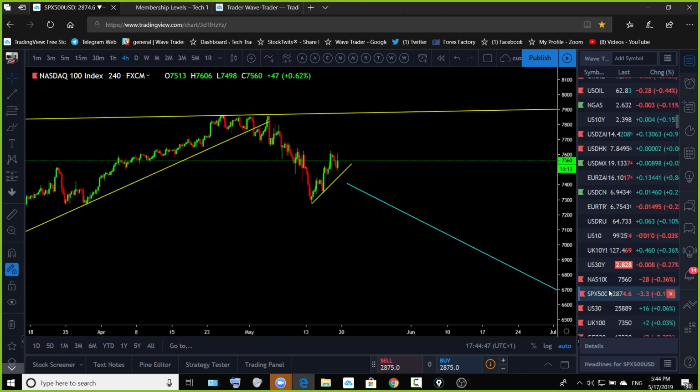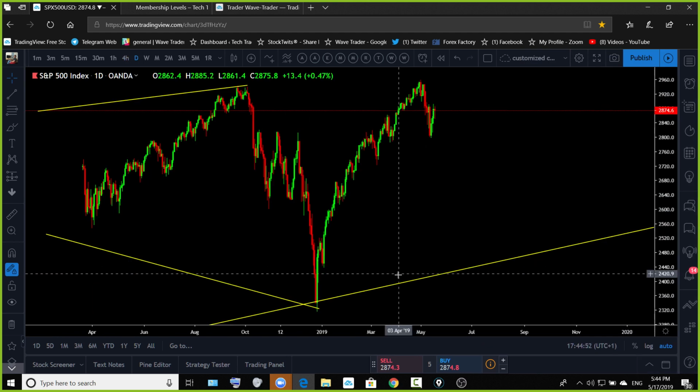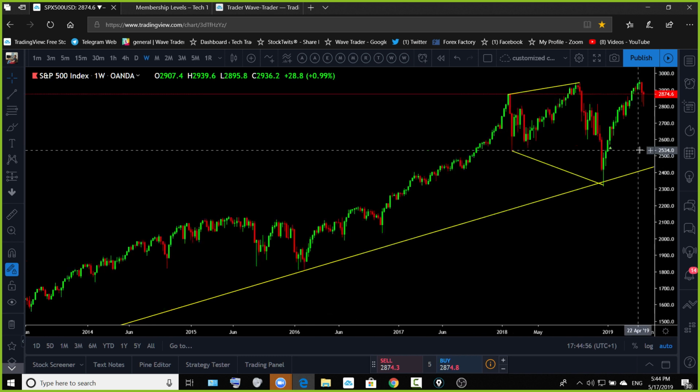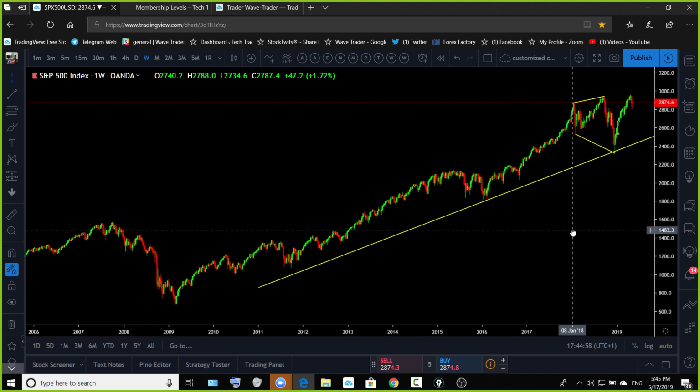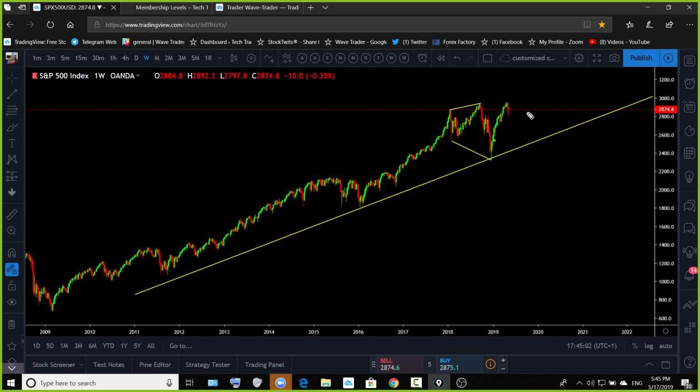So my analysis is going to be similar on almost all indexes. We are expecting the S&P 500 to get down for one more drop, and then go higher.